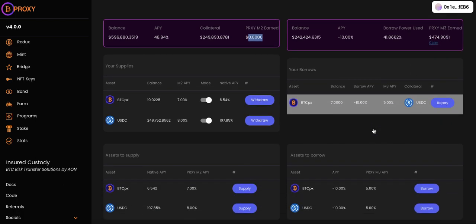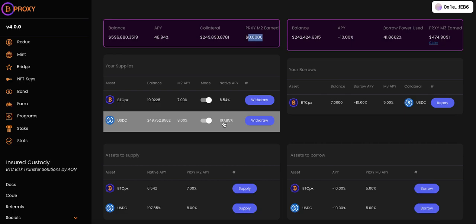And so this protocol, Redux, was designed this way to concentrate the native interest to the uncollateralized supply in order to boost the interest rate and attract more suppliers. And as more suppliers come in, the pool gets larger, the interest that's sent to the pool gets diluted and slowly decreases.